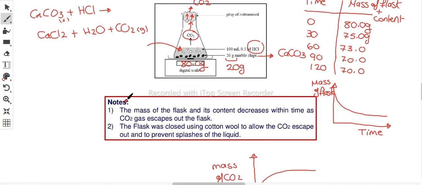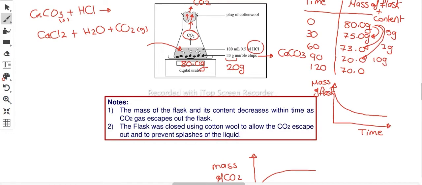The mass of CO2, as I told you previously, you get by subtracting: 80 minus 75, so it's 5 grams. Then 80 minus 73, so it's 7 grams. And here it is 10 grams and another 10.